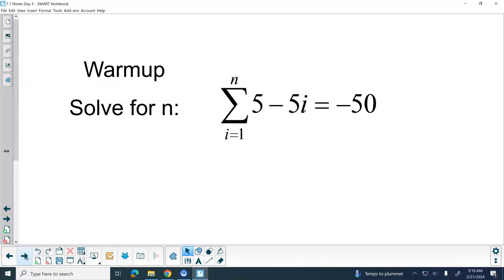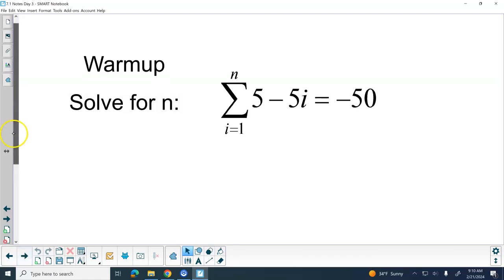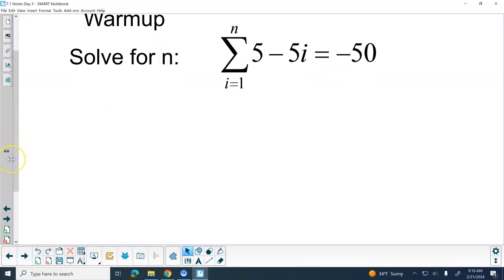Okay, so what does sigma mean? When I see sigma notation here, what does that mean? We talked about it last Friday. That funky looking symbol, what does it mean? No, that's a sequence. There's a pattern to it.